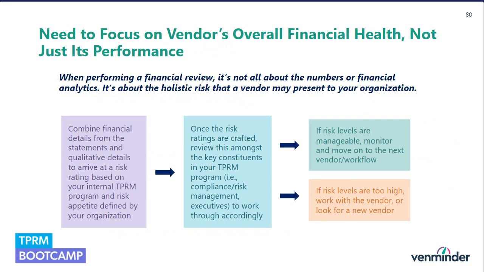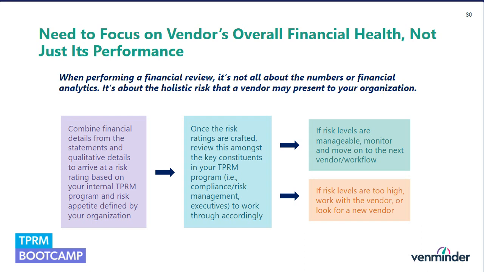So as we talked about the qualitative and quantitative aspects of a vendor's financial health, it's important to understand that you need to focus on their financial performance from a quantitative point of view, but also bring that together with some of the qualitative comments and look at their overall financial health.